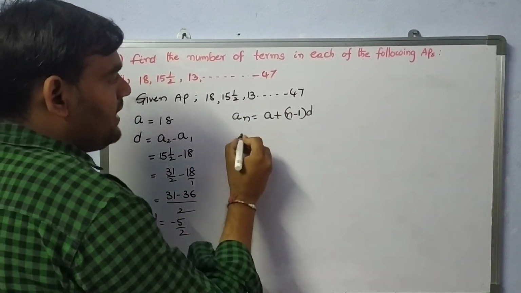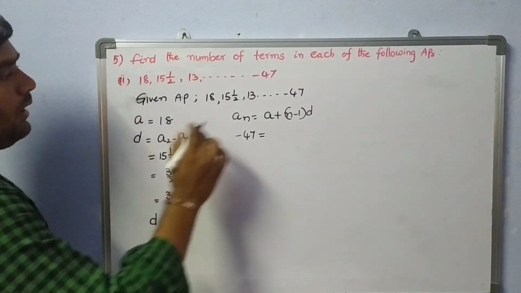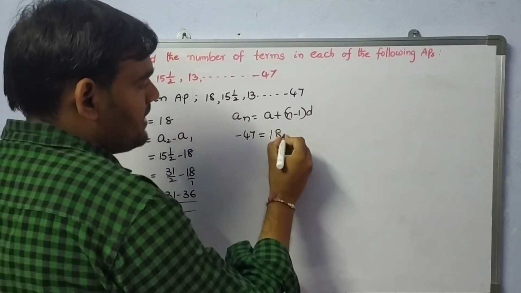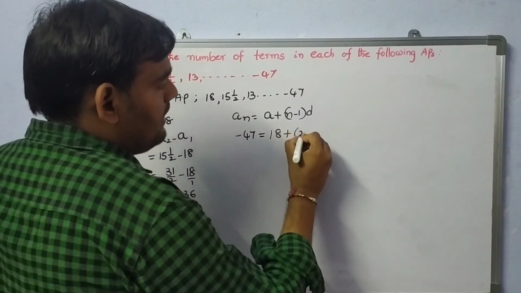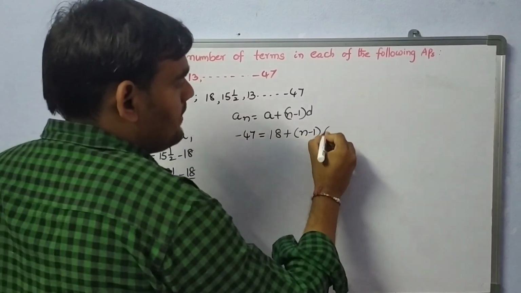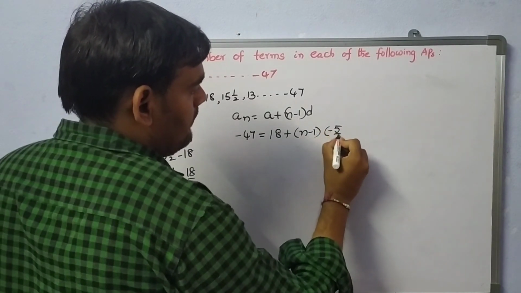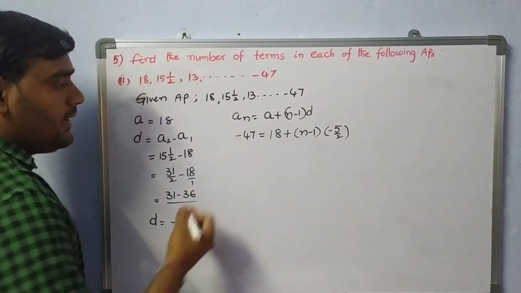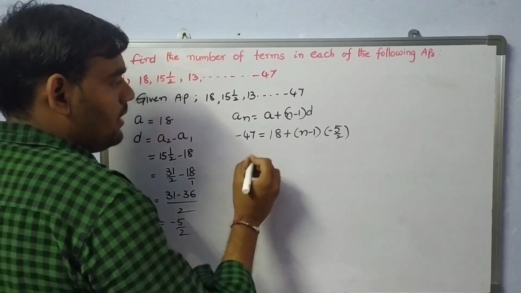So here an, minus 47, is equal to the a value 18 plus n minus 1 into the common difference d, that is minus 5 by 2. This can be written, for our convenience, like this.